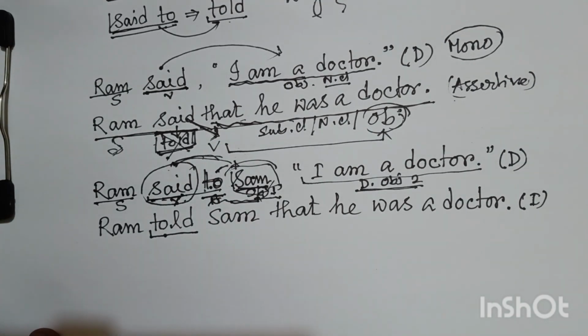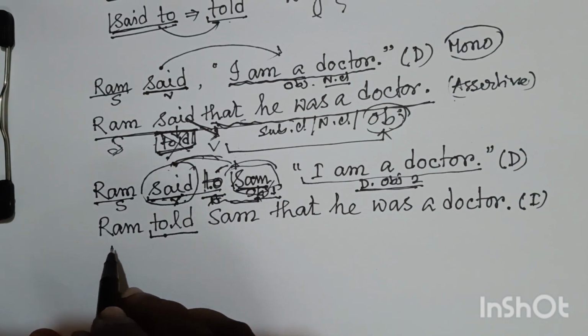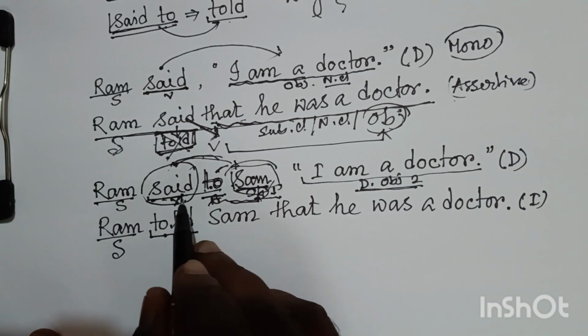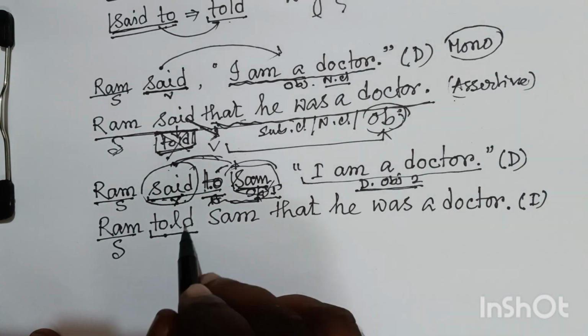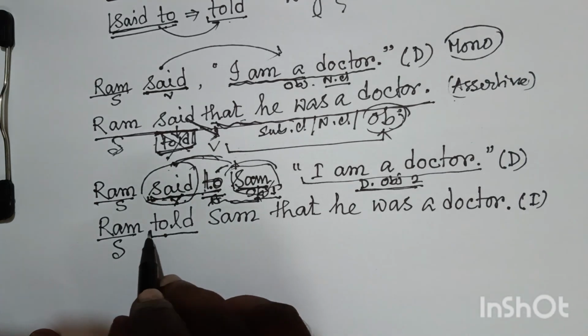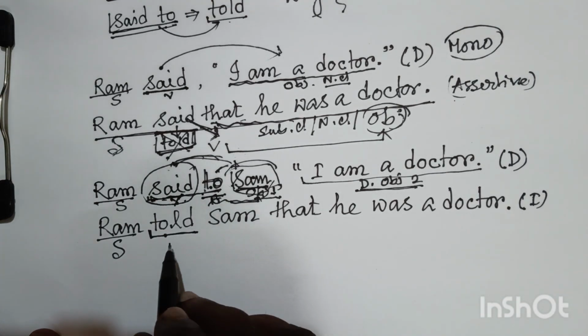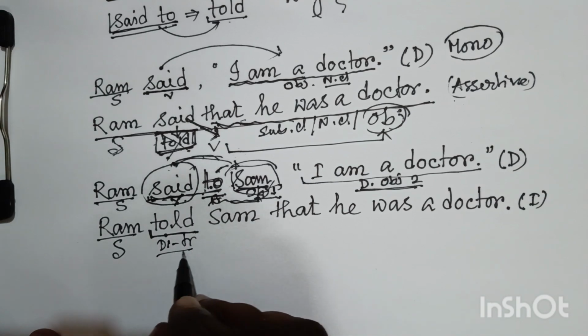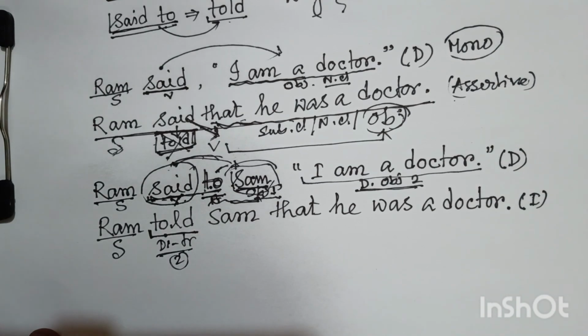Now, in indirect speech, this is the subject, and we have written told, we have not written said to. Instead of said to, we have written told. And with this term told, as it is a ditransitive verb, we can use two objects with it.